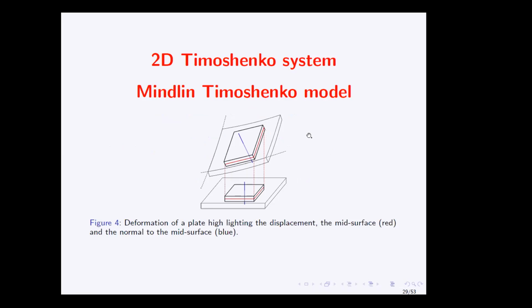Later on, we moved to study the behavior of the energy associated to the solution of a new system, which is the multidimensional Timoshenko model. Why? Because in high dimension, we don't see the transverse vibration of a beam, but we study the behavior of a plate.